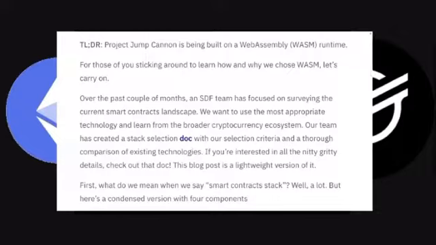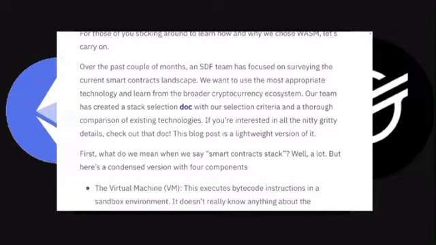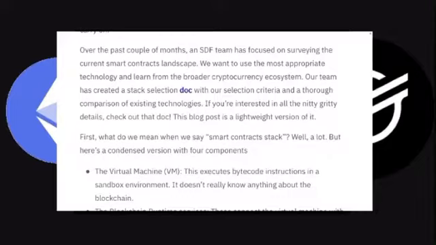Over the past couple of months, the SDF team has focused on surveying the current smart contracts landscape. We want to use the most appropriate technology and learn from the broad cryptocurrency ecosystem. Our team has created a stack selection document with our selection criteria and a thorough comparison of existing technologies. If you're interested in all the nitty-gritty details, check out the docs.